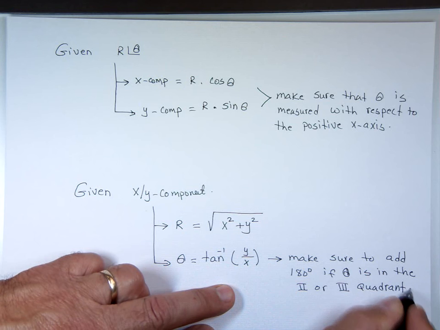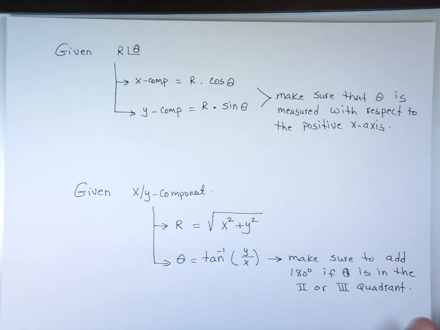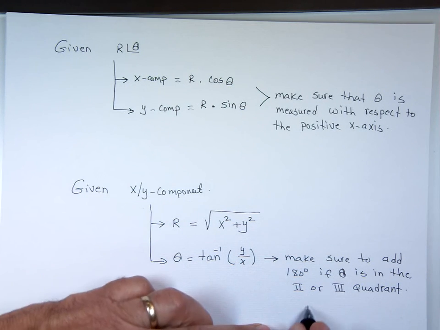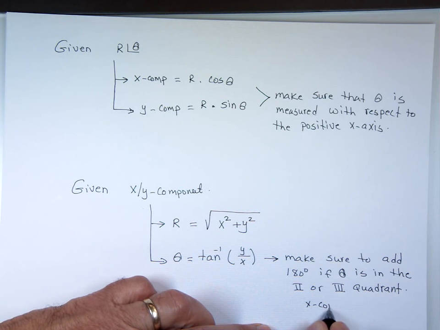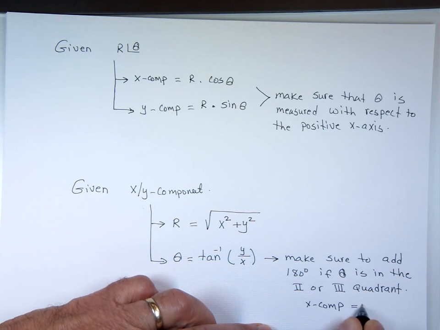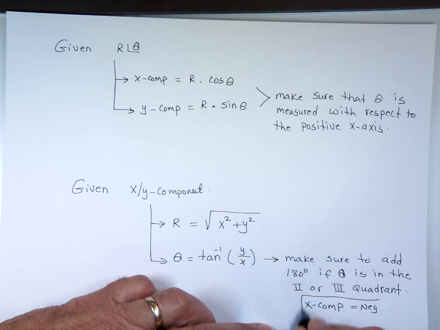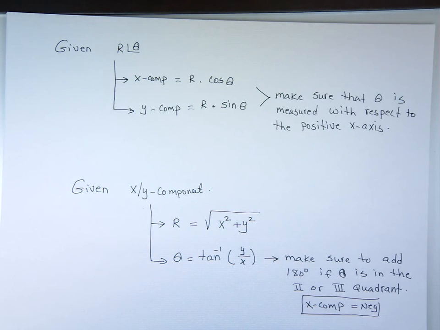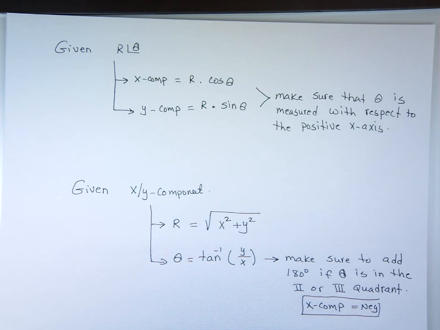How do you know you're in the second or third quadrant? The x component will be negative. So if the x component is negative, always add 180 degrees to your answer for theta. So that's the summary of this section.